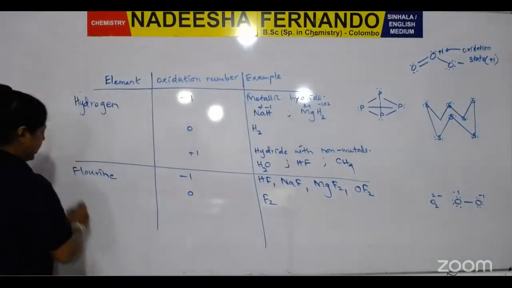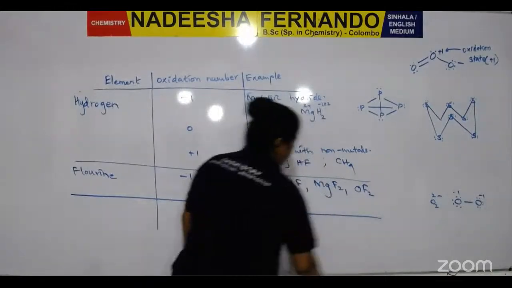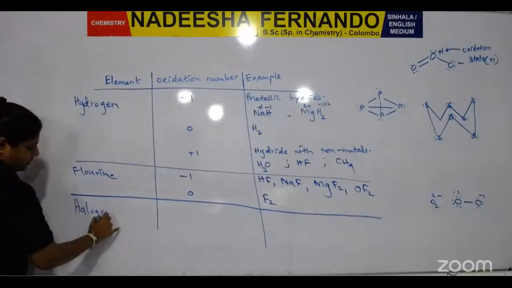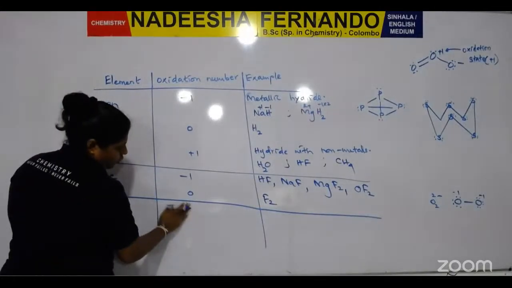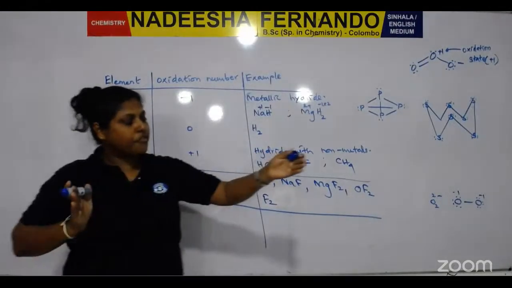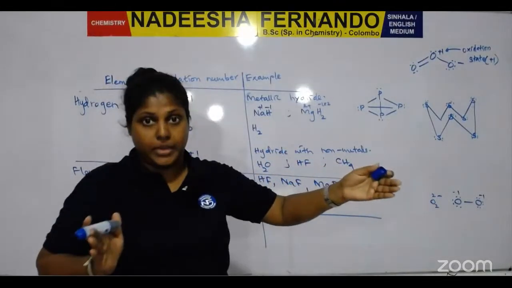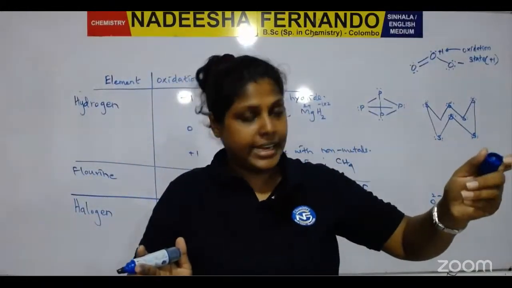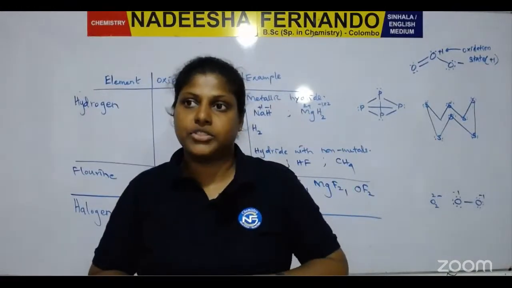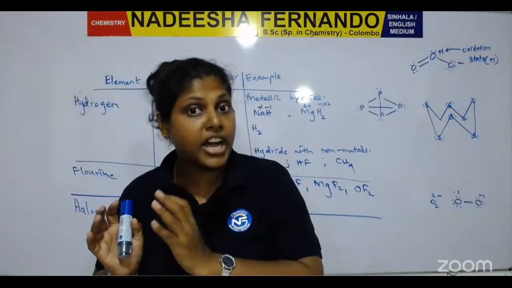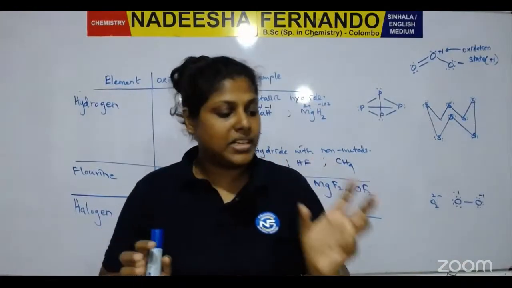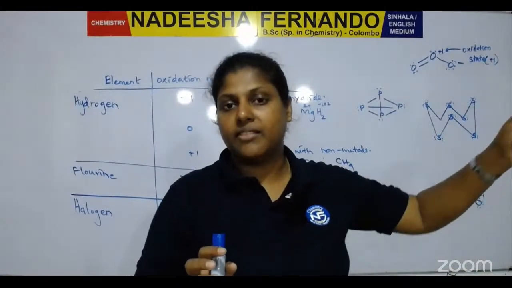Other than fluorine, the halides or halogens, we call chlorine, bromine, iodine. They have a large range of oxidation numbers, starting from -1 to +7: -1, 0, +1, +3, +5, and +7.